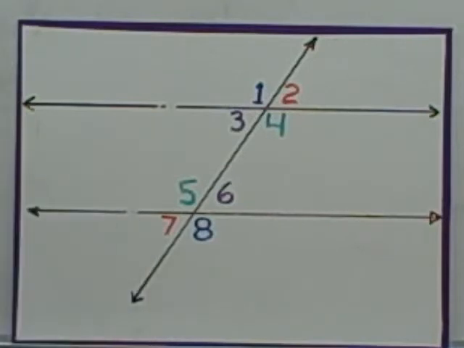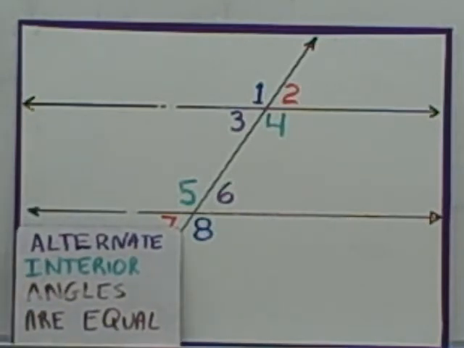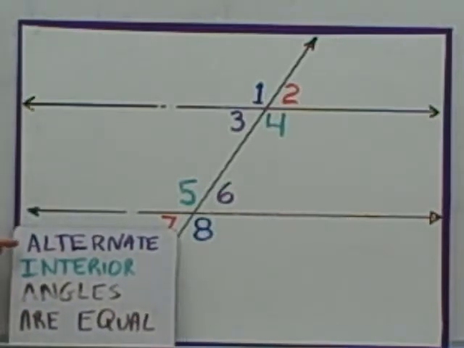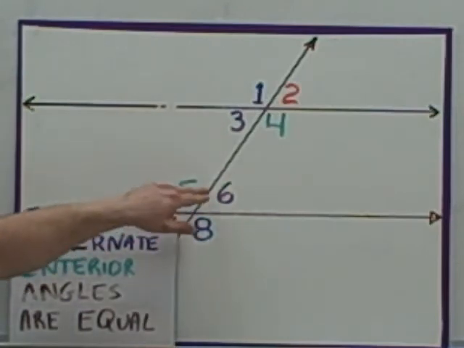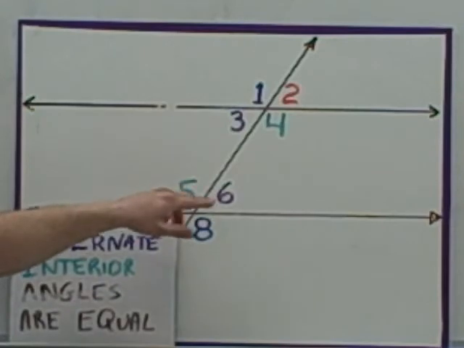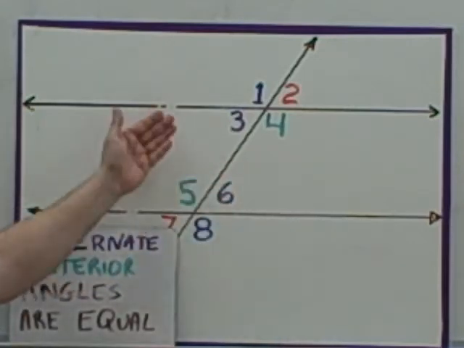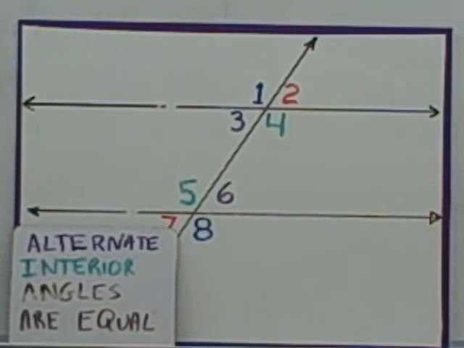Then you have something known as alternate interior angles. And there's a reason why I did alternate in purple and interior in green. Because these purple angles, they're interior angles, and they are alternate interior angles. They're not on the same side of the transversal. This is on one side of the transversal, this is on the other side of the transversal.